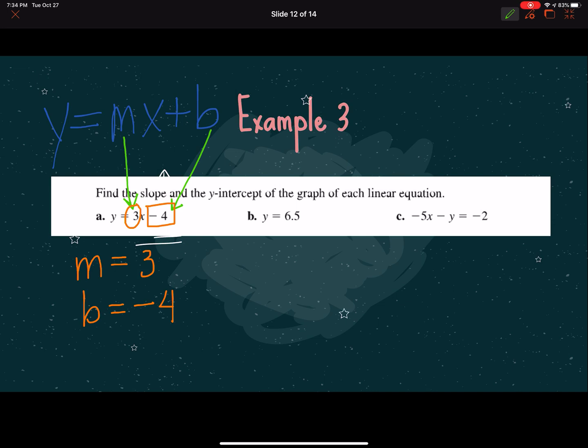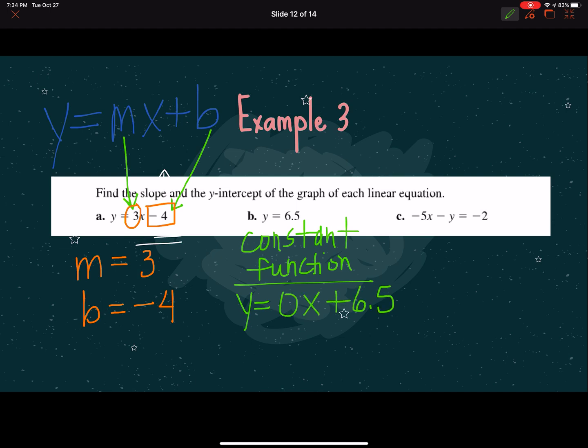This equation is something called a constant function. So this is an example of what we call a constant function. The equation can also be written as y equals 0x plus 6.5.